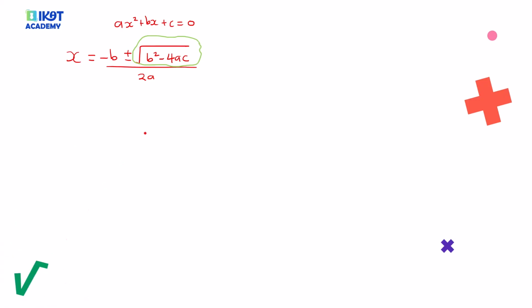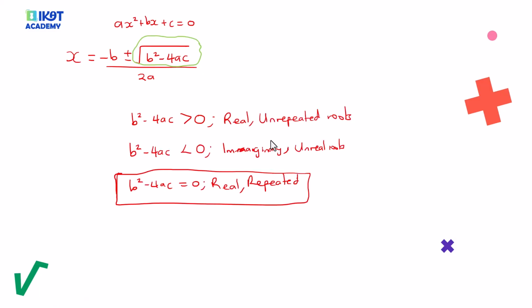So here, let's see. If b squared minus 4ac is greater than 0, that means it's a positive number, for example 20 or anything above 0, we are going to get real. So we see that for any quadratic equation, if b squared minus 4ac is greater than 0, then we are going to have real unrepeated roots.